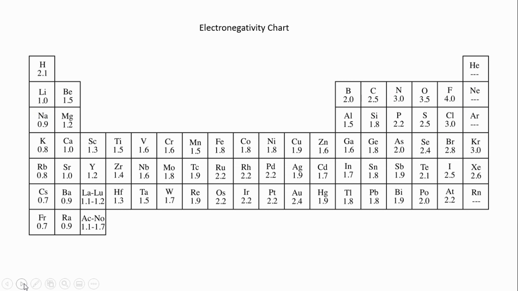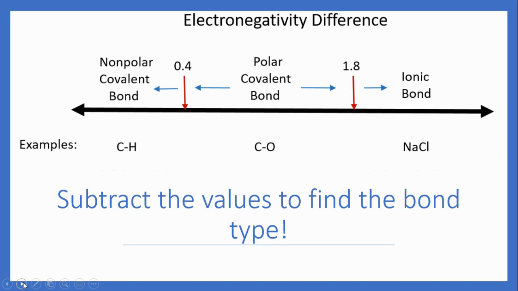Okay, so now let's talk more about electronegativity, which is basically how strongly an atom is going to attract electrons from another atom. If we look at this chart, these atoms all have their own electronegativity value. So how strongly are they going to attract electrons to them, right? So how do you use this chart? It's actually pretty simple.